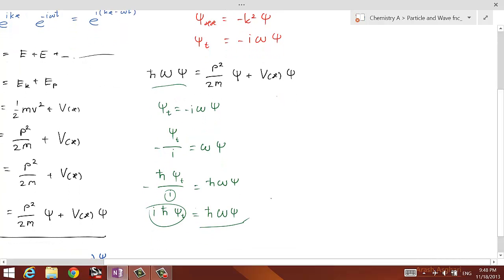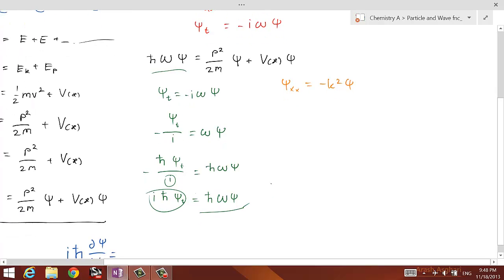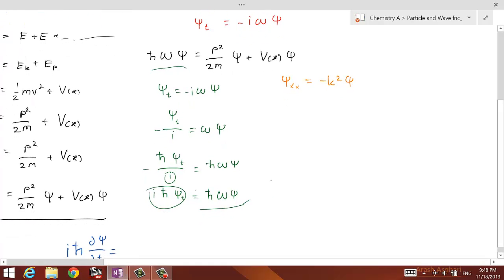So we got psi differentiated by x two times equal to minus k squared and psi function. Now for the psi function here, I move this one down, so the wave function differentiated by x two times multiplied by minus k squared equals the wave function.